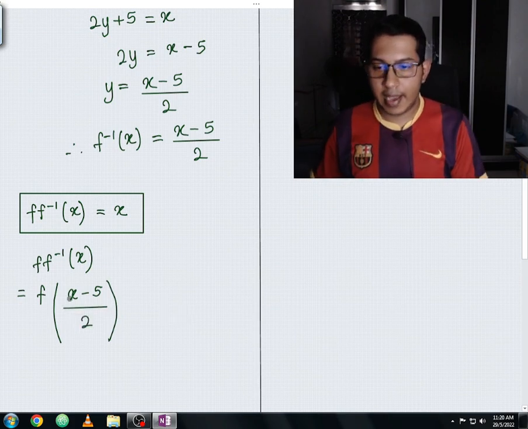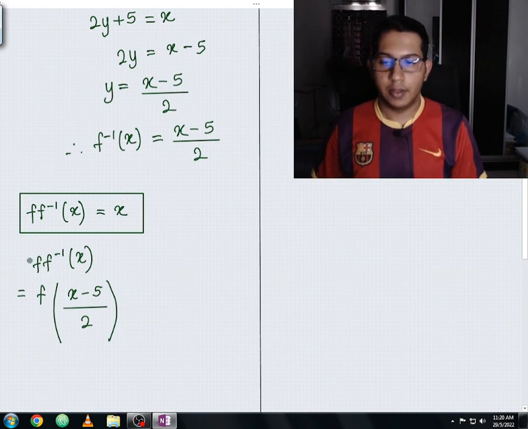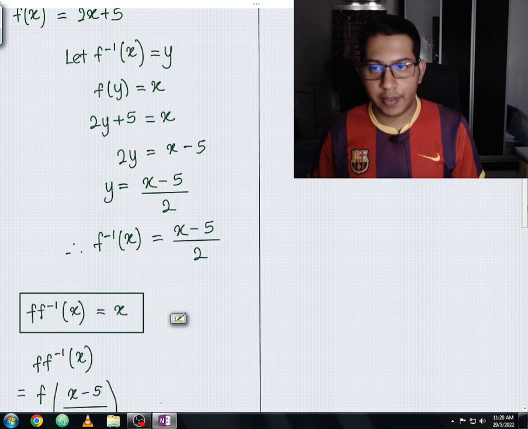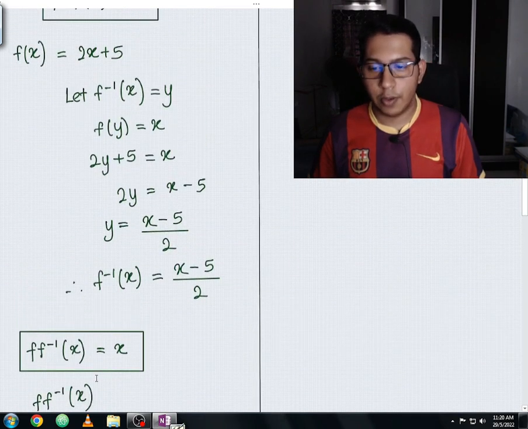And then this x minus 5 divided with 2 will be mapped into the function f(x) over here. As you can see here, the function f(x) is 2x plus 5, so we're going to map this x minus 5 divided with 2 into here, guys.